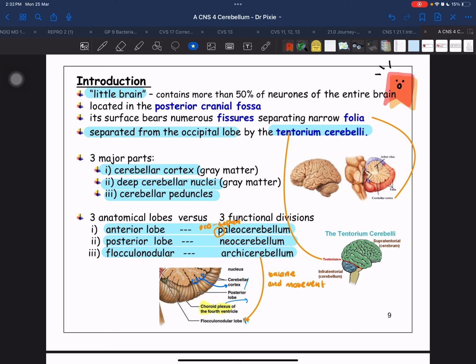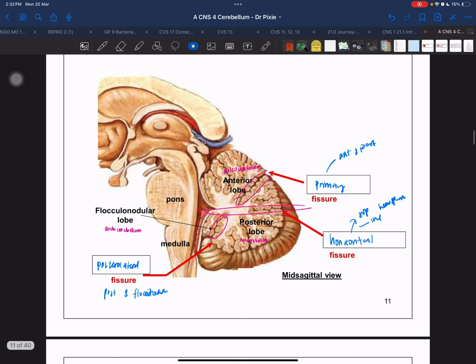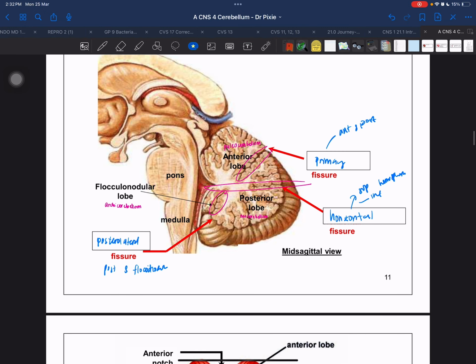And this corresponds to their anatomical lobes. Yeah, anatomical lobe. So now let's have a look here. You have 3 fissures. Now, when you look at the side view, what is this ventricle? 4th ventricle, choroid plexus. And this is midbrain, pons, and medulla.